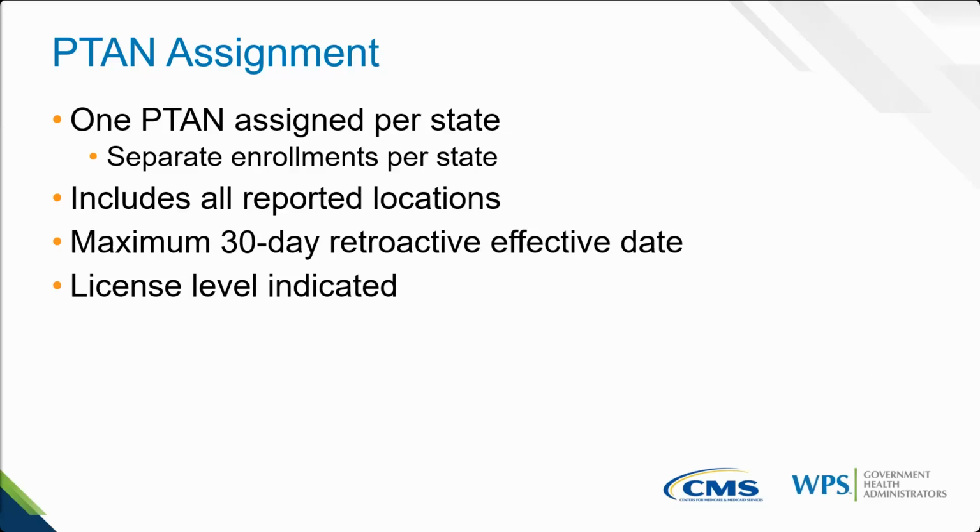They will need to be enrolled in each state where they are providing services. So it is possible for them to have multiple enrollments, but they will only get one PTAN per state. That PTAN is going to encompass all of their reported locations, and we'll talk about practice locations, what's considered a location for an ambulance service in a few minutes.